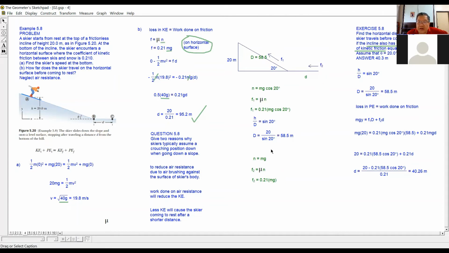Because when the skier is at a horizontal position, the normal reaction is mg, the full component of the weight, whereas along the inclined plane it is mg cos 20. So how much is the frictional force F2? It is mu n, 0.21 times the normal reaction, which is now mg.